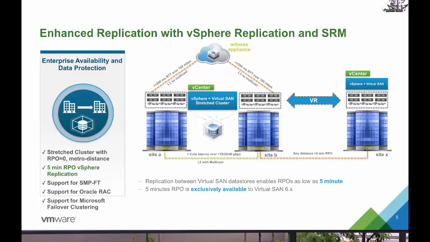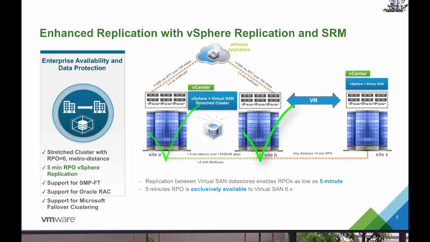So now let's look at enhanced replication with vSphere Replication and Site Recovery Manager. Inside of this diagram, we see that we have our primary and our secondary site, and we've got our witness.